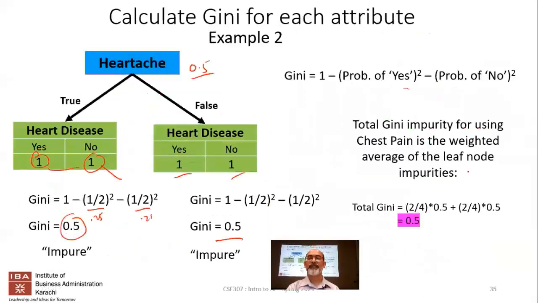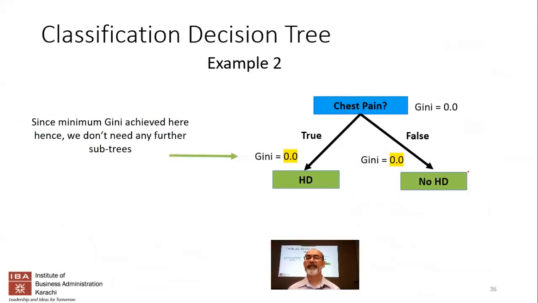We're going to have the decision tree be very simple. We're going to put chest pain at the top. It has a Gini score of 0. Now the Gini score on both of these sides is already 0. So can you do better than that? You can't really do better than that. So is there any point in having further questions? There's no point, because chest pain can 100% tell you whether the person has heart disease or not. So there's no point in having further subtrees which ask you whether you have a headache or not.